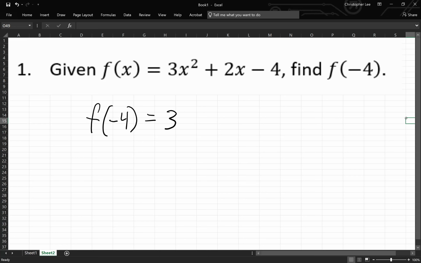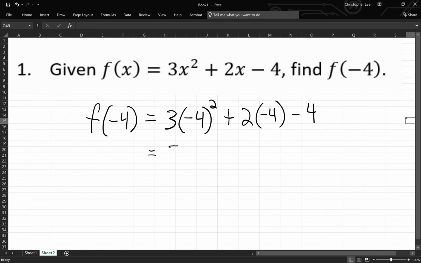So this is going to be 3 times the negative 4 squared plus 2 times negative 4 and then minus 4. After that, basic math. We do our exponents first, then we multiply, then we add all that together. So what's negative 4 squared? 16.